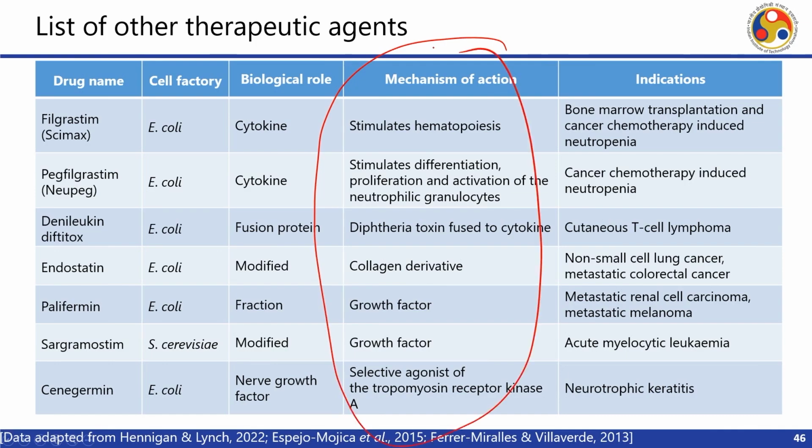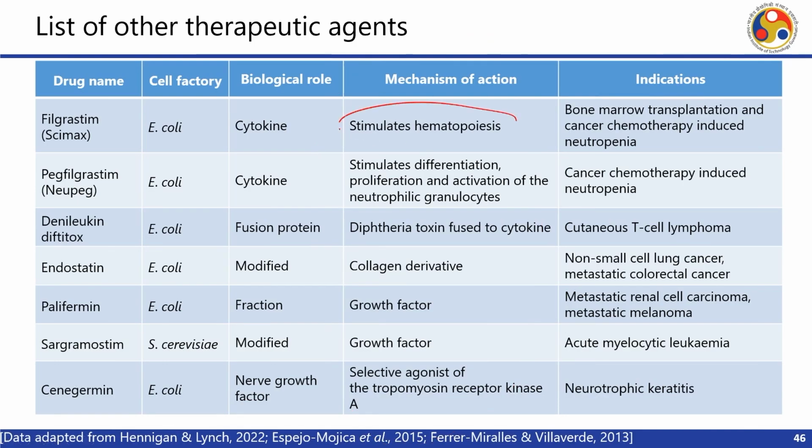For example, filgrastim stimulates hematopoiesis, and it is used in bone marrow transplantation and cancer chemotherapy induced neutropenia. Then we have pegfilgrastim, also called Neulasta. This stimulates differentiation, proliferation and activation of the neutrophilic granulocytes and is used in cancer chemotherapy induced neutropenia.